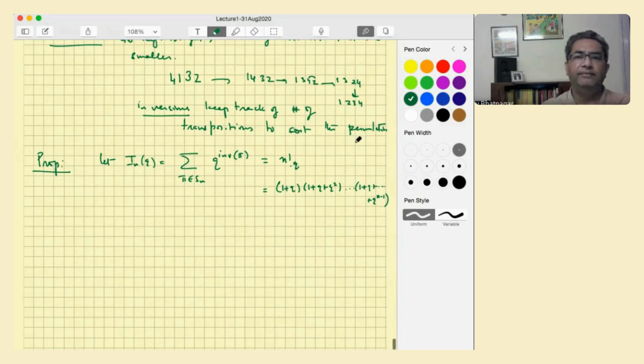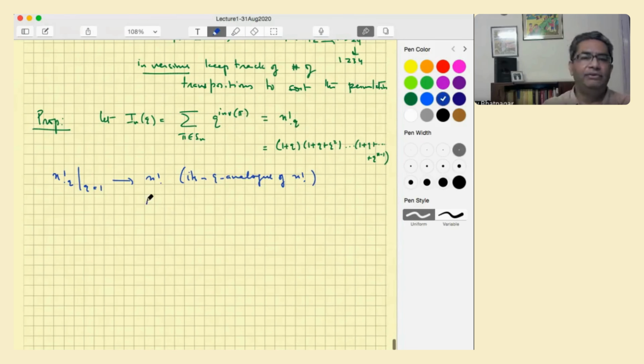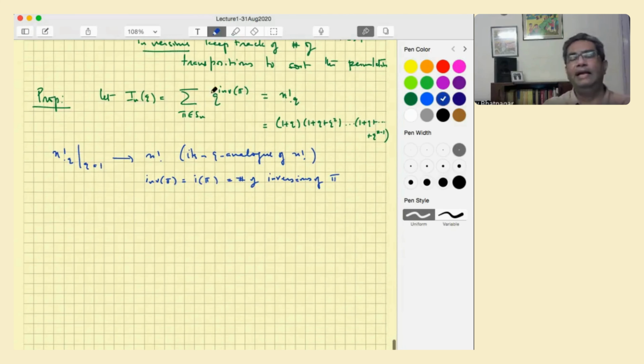You can see this is n factorial q, and when q equals 1 it will give you n factorial. So it's a q analog of n factorial, and here the inversion of pi is just what I've written. I of pi is the number of inversions in pi, and we keep track of it, and we get this number.